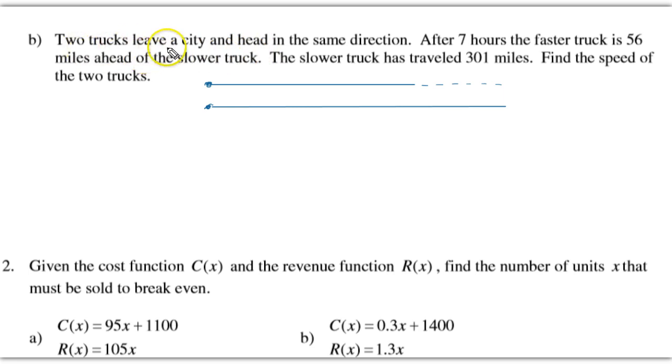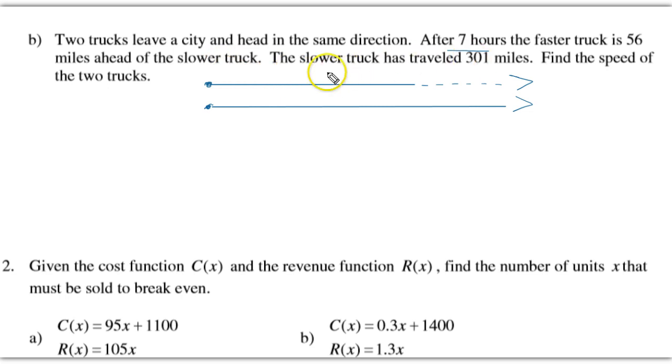We have two trucks that leave a city and head in the same direction. So these are my two trucks heading in the same direction here. They're leaving, and they start off equal, and then one is faster, one is slower. Now the time is 7 hours, and after 7 hours the faster truck is this many miles ahead of the slower truck.